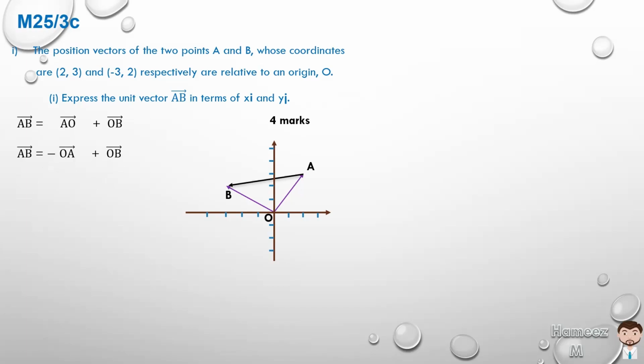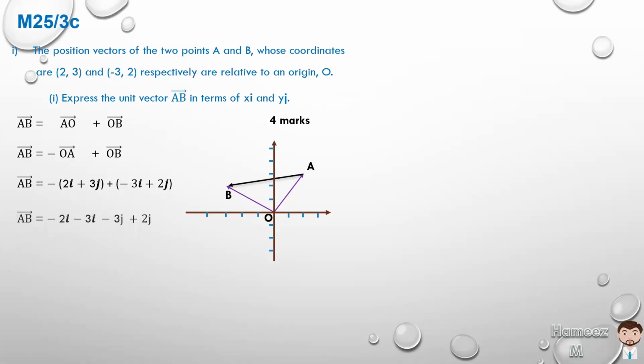And you can substitute the values above. So OA is 2i plus 3j, the negative of that, plus OB is minus 3i plus 2j. i and j are the unit vectors. i is a unit vector in the direction x, and j is a unit vector in the direction y.